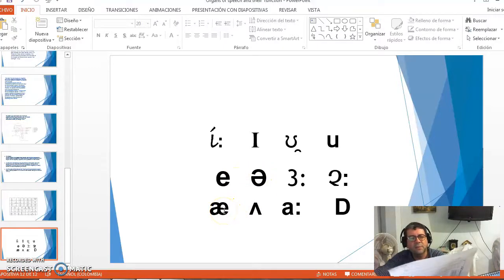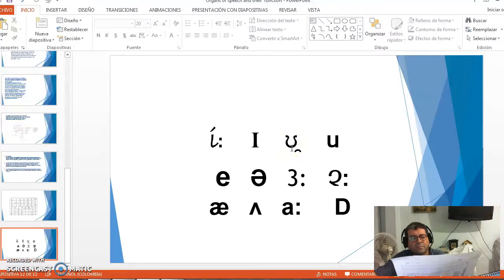As in hat, the mouth is open, and the sound comes from the back part of the mouth. The sound as in the preposition in, the mouth is narrow, and the sound comes from the front part of the mouth.